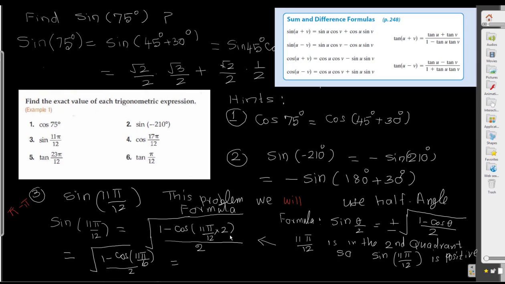So here I'm going to show you how to write pi over 12. First of all, you have sine 11 pi over 12, that's the same as sine of pi minus pi over 12, and that is the same as sine pi over 12.